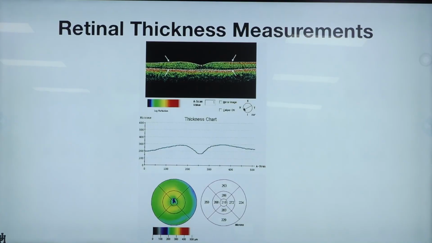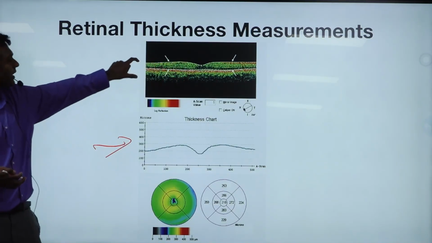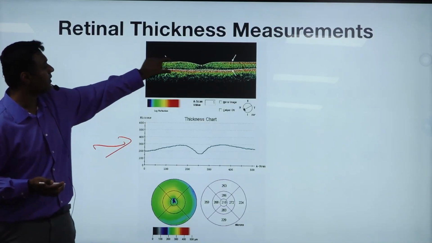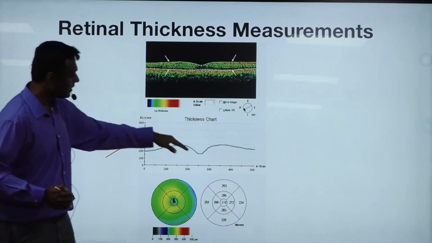So inside the eye, you can measure the thickness of the retina. If you do some image processing on this kind of image, you can get thicknesses at different positions. As a function of position, you can get the thickness of the retina.